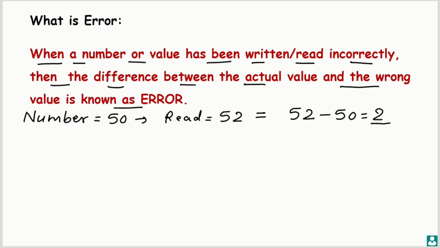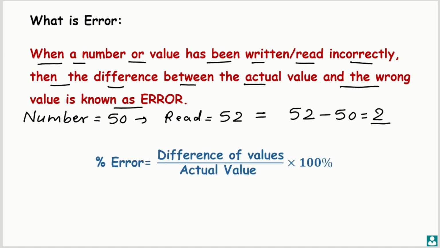Now how do we calculate the percent error? The formula for the percent error is: percent error equals the difference of the values over the actual value times 100%. What is the difference in the values? Here it is 2.